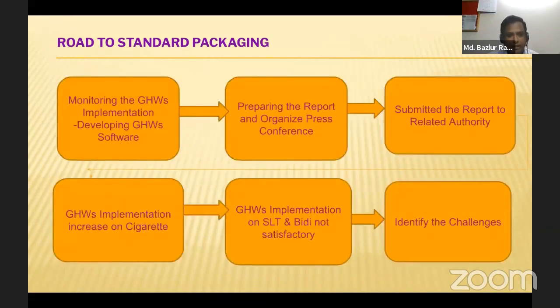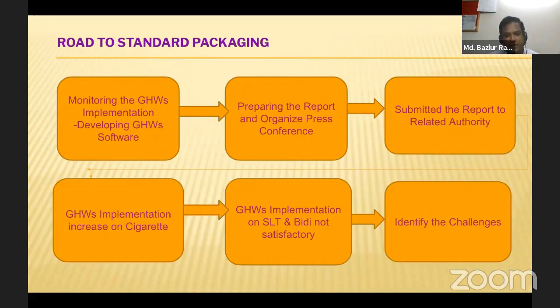As I said before, we are working on monitoring graphic warning implementation, and for this reason we have already developed software. Then we developed a working protocol on the basis of Section 10 of the Tobacco Control Law, a checklist for compliance.